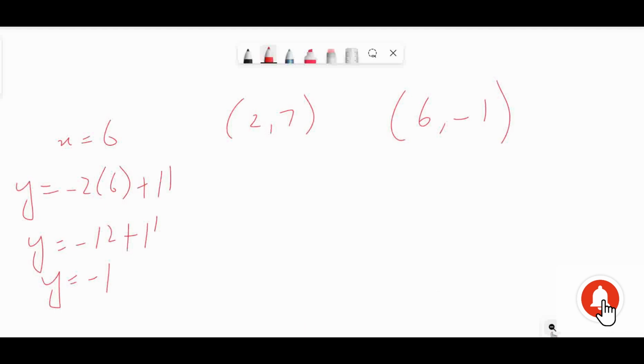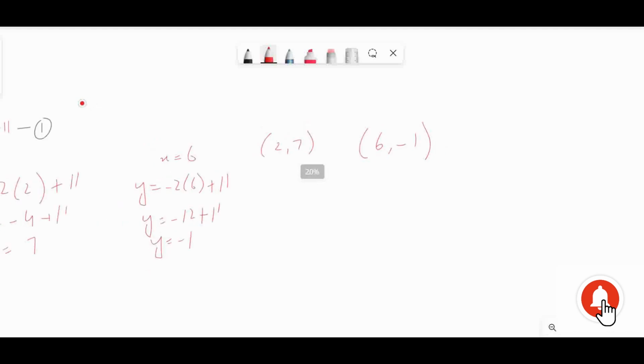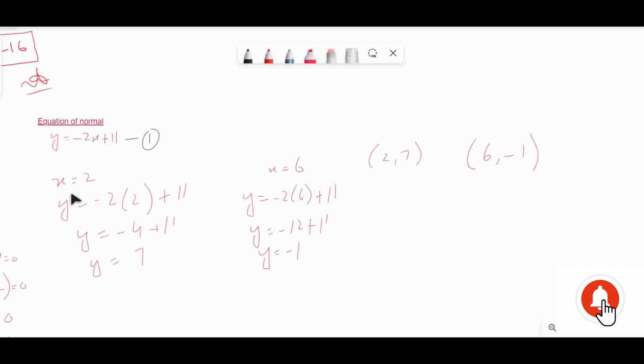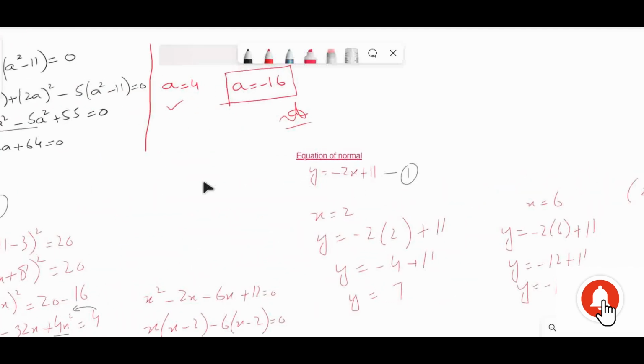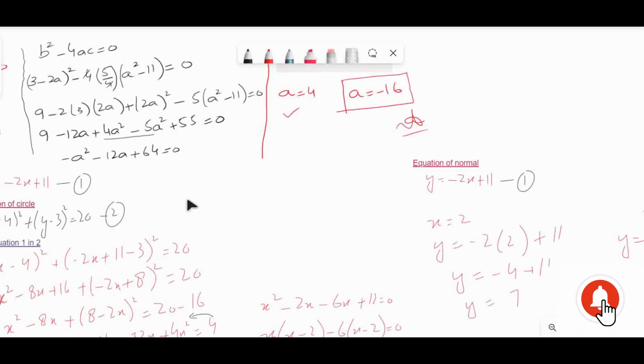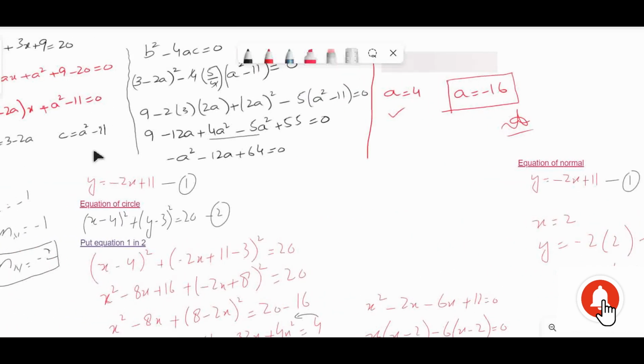Now in this question we have to find out these 2 points, and then we have to find out the equation of the normal, which was y is equal to minus 2x plus 11. So we have used it to find out the final answer.